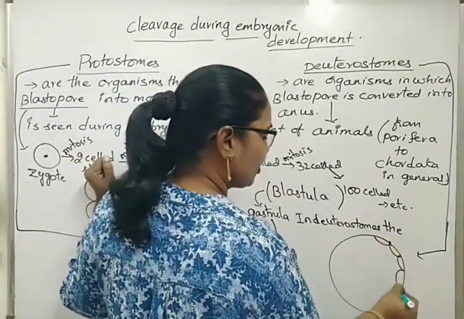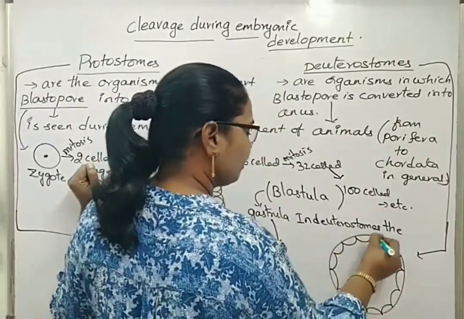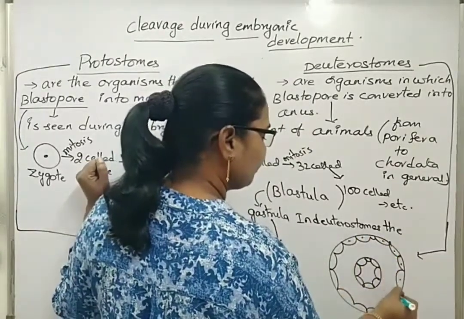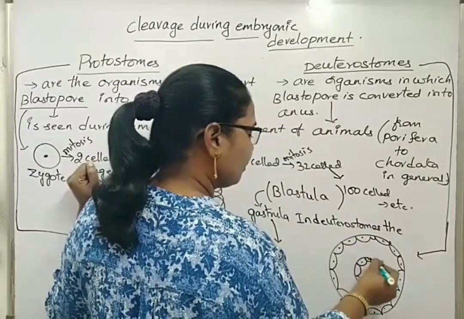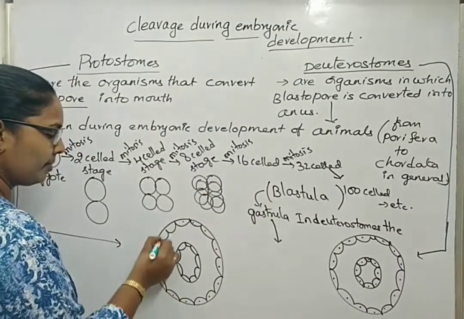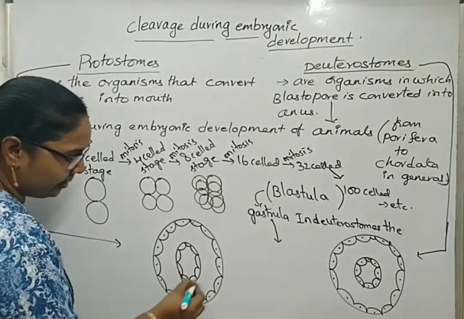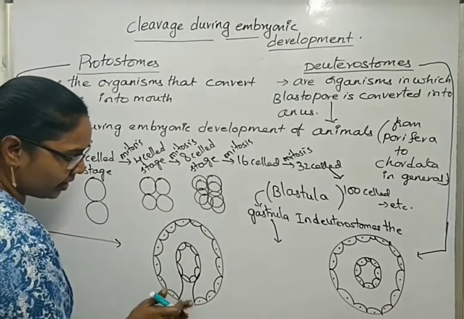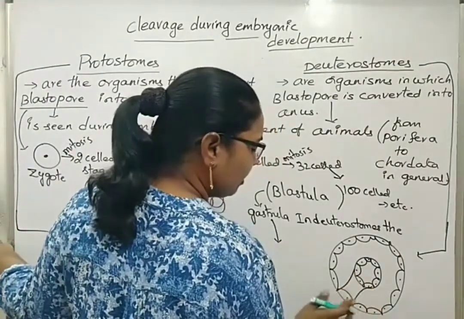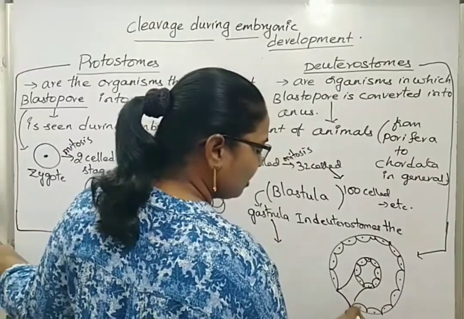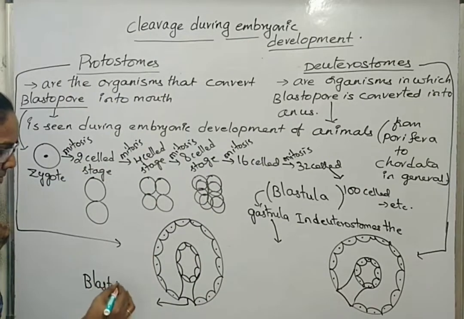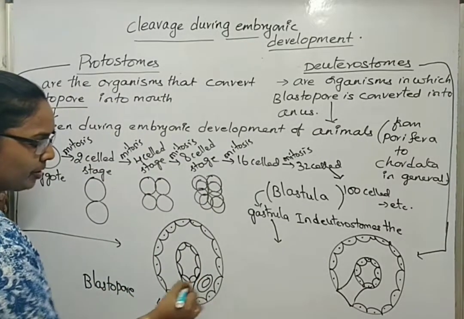In case of deuterostomes also, ectoderm and here will be the endoderm. There will be entry. So one of the structure, that is blastopore. If this is the entry, this structure is called as blastopore. So here will be mesodermal tissue.